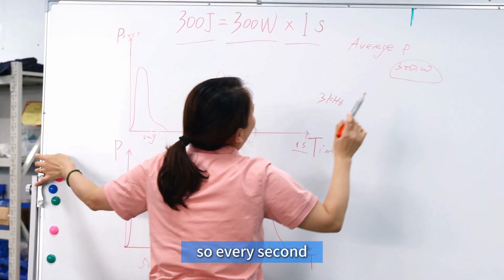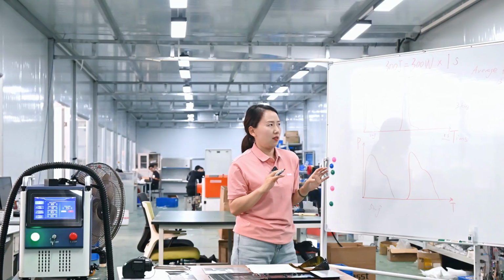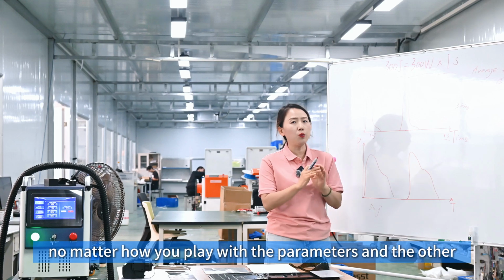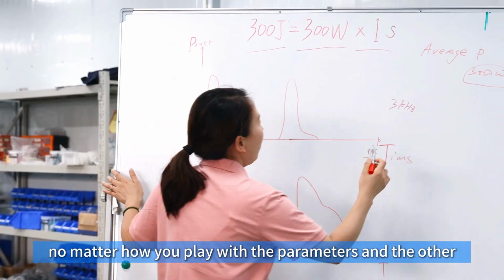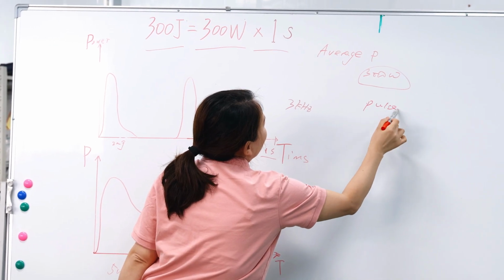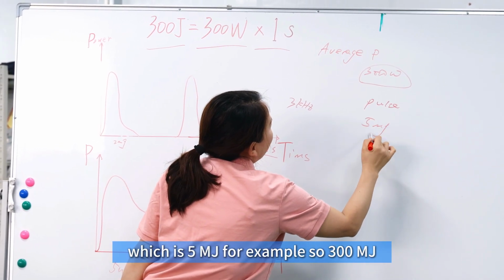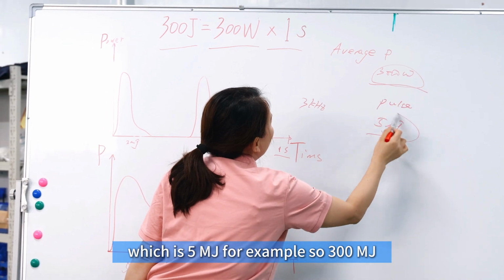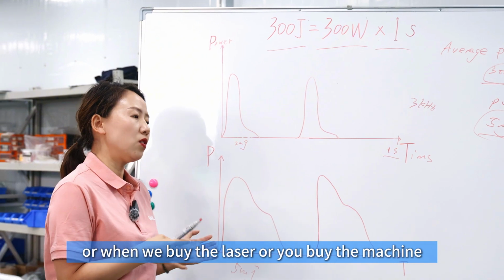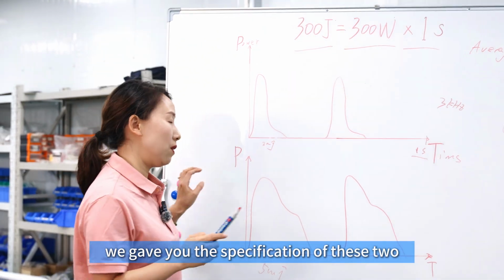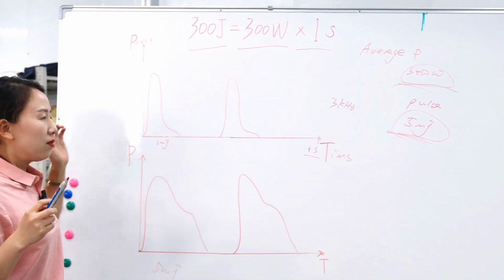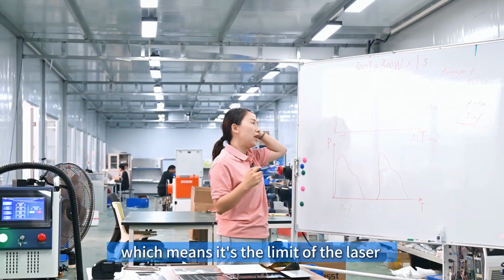So every second, this laser will not generate more than 300 watts, no matter how you play with the parameters. And the other one is the single pulse energy, which is 5 millijoule, for example. So 300 watt, 5 millijoule. This is why when you buy the laser or the machine, we give you the specification of these two. These two parameters will not change, which means it's the limit of the laser.